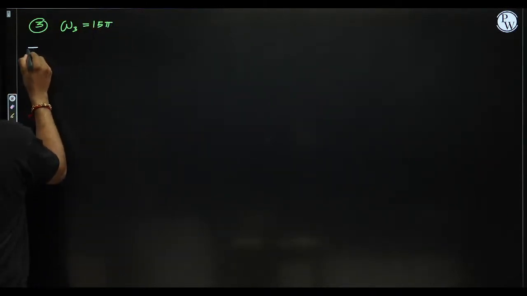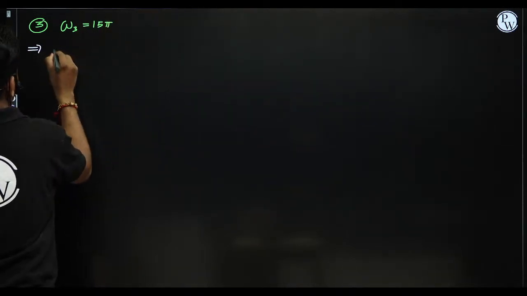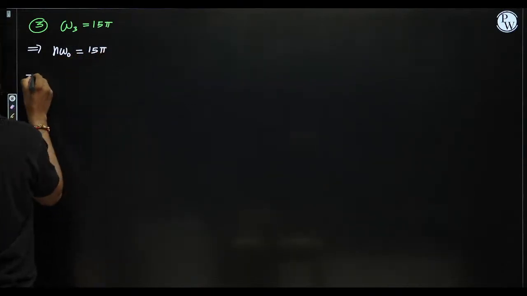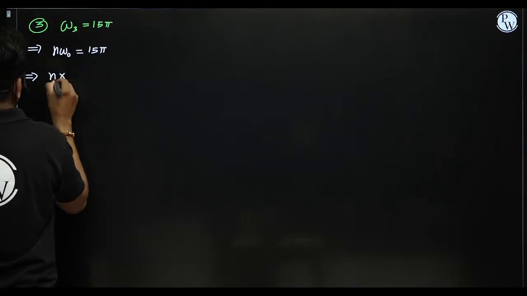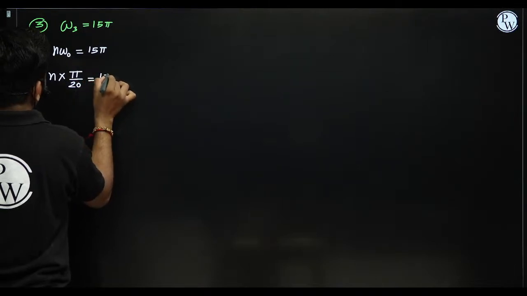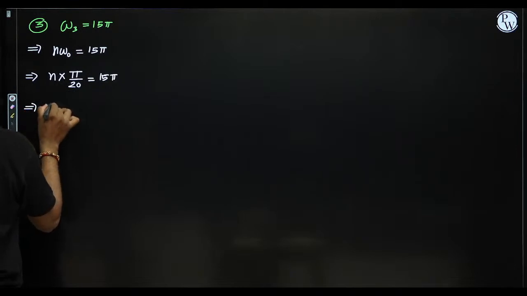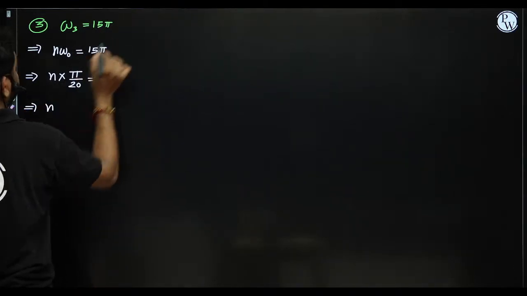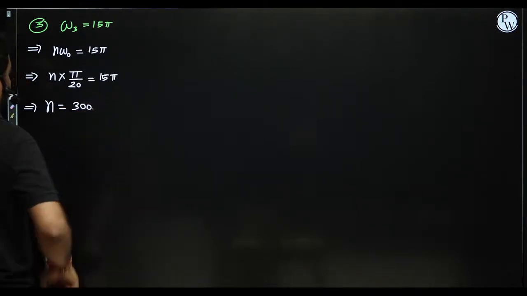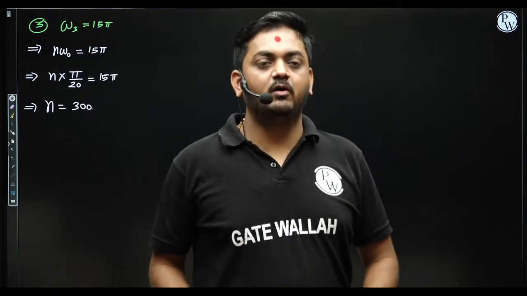So n omega 0 is equal to 15 pi, so n into pi by 20 is equal to 15 pi. Pi gets cancelled out, so n is equal to what? 300. n equal to 300, correct? n is equal to 300.